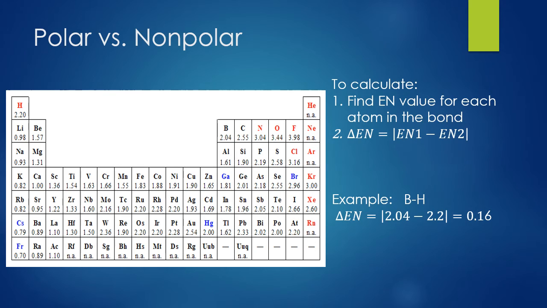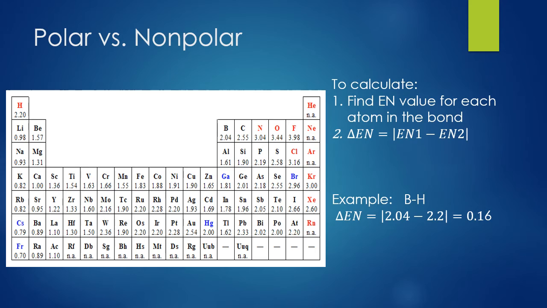It looks like a normal periodic table with the element symbols. However, underneath each element symbol are numbers that are not the mass number. These numbers are the electronegativities of each element on the periodic table. We're going to use these to figure out whether a compound is polar or nonpolar.